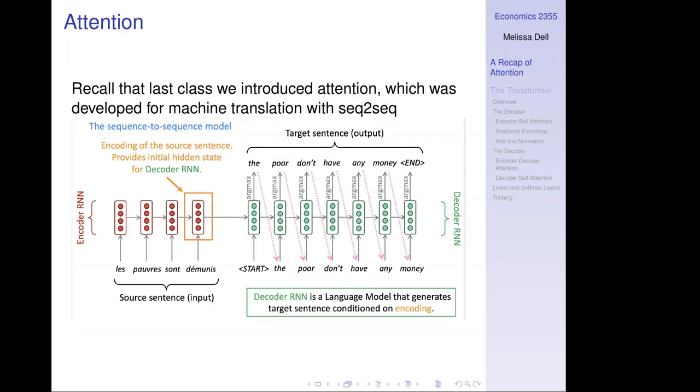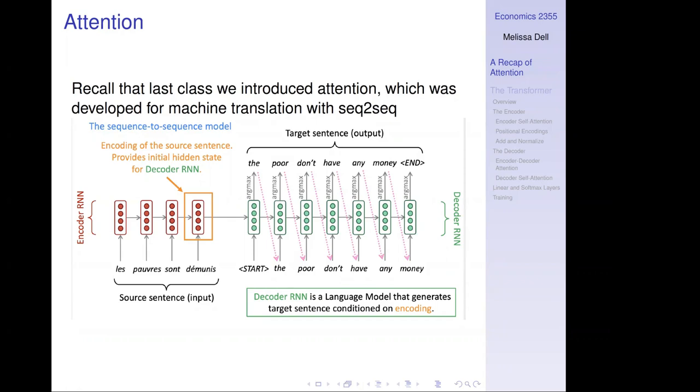And so any information from earlier in the sequence would have to be passed along to that hidden state, which led to this kind of bottleneck and made it difficult to capture information from earlier in the sequence.